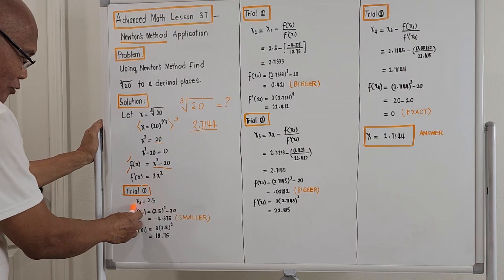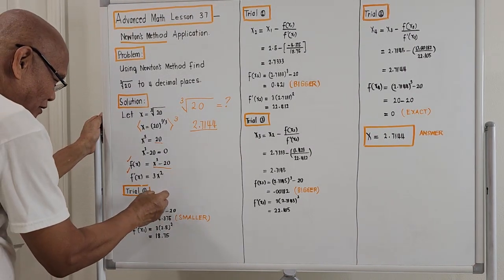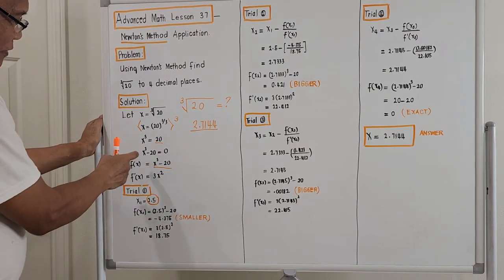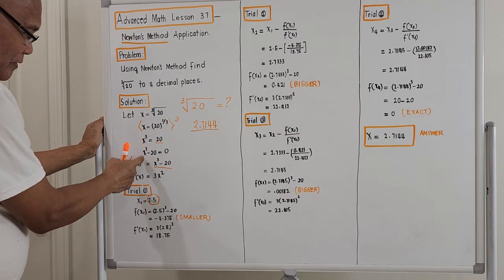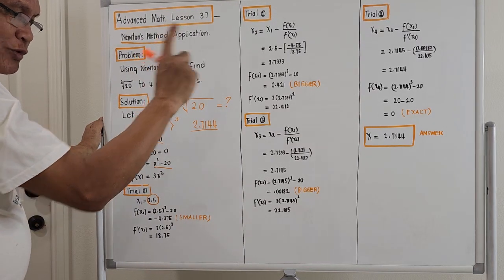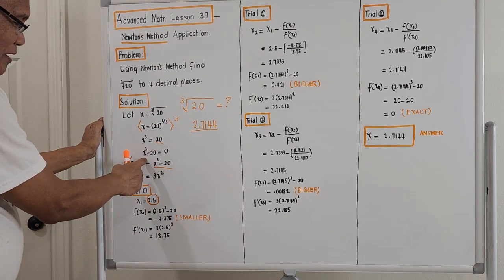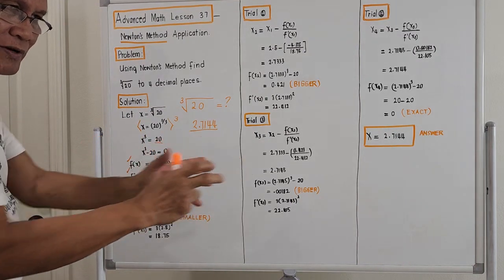So for trial number 1, we let x1 be equal to 2.5. This is an intelligent guess. Because if we put x to be 3 over here, 3 to the third power will be 27, minus 20, the difference is 7.